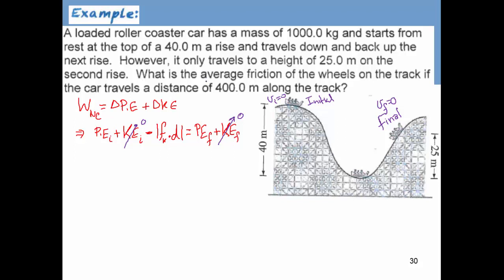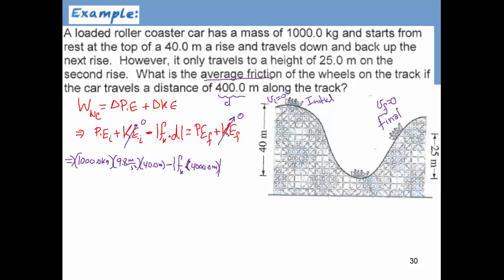The question is about the average friction, and we are given the distance here to be 400 meters, so this represents the whole path that the roller coaster car has taken. So now we'll go ahead and plug the values. The initial potential energy will be the mass of the roller coaster times the acceleration due to gravity times the height minus the work done by the friction, which is our unknown, times the distance, which is given to be 400 meters.